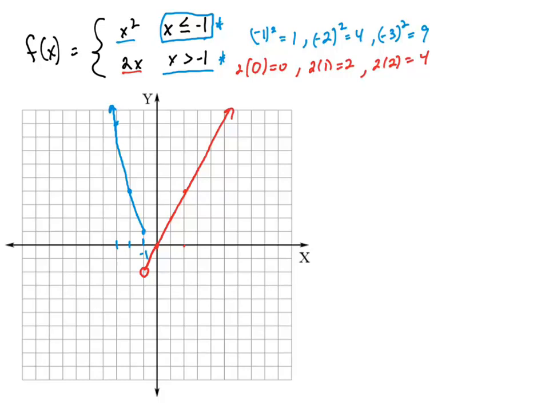And remember, a function must pass the vertical line test. So if I draw a vertical line there, it is only hitting the blue portion of the graph. The right portion of the graph is an open circle there. So at -1, the graph still passes the vertical line test. All right, so this is what our graph is going to look like.